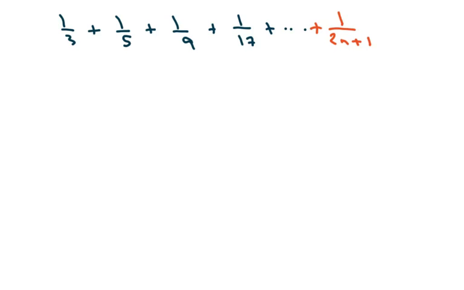And I think this should have been 11, so let's put 11 there. Now I'm going to compare this to 1 over n. And if I plug in any old numbers in here, they're always going to be less than or equal to 1 over n for all of n. So this is convergent.